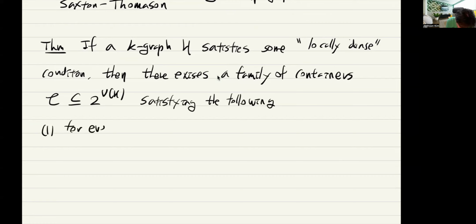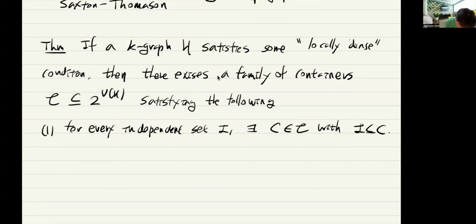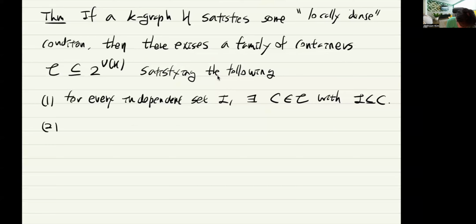One, for every independent set I, there exists some set in this container family which contains this I. And two, this container family is small, meaning there are not too many sets there.